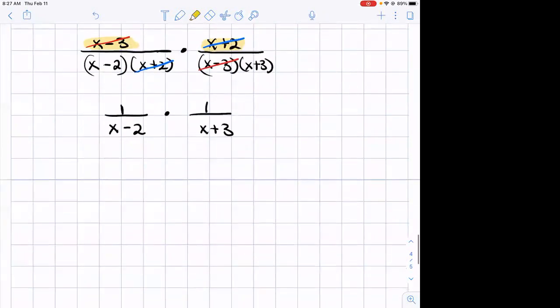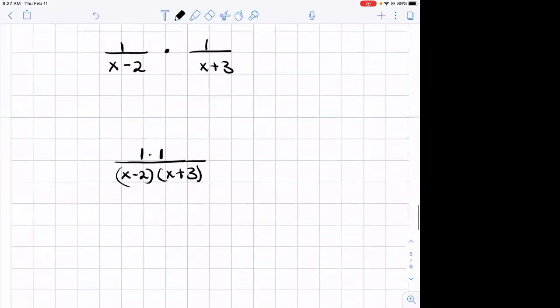Now if you multiply, you have 1 times 1 over x minus 2 times x plus 3. But 1 times 1 is the same as 1. So 1 over x minus 2 times x plus 3 is our final answer.